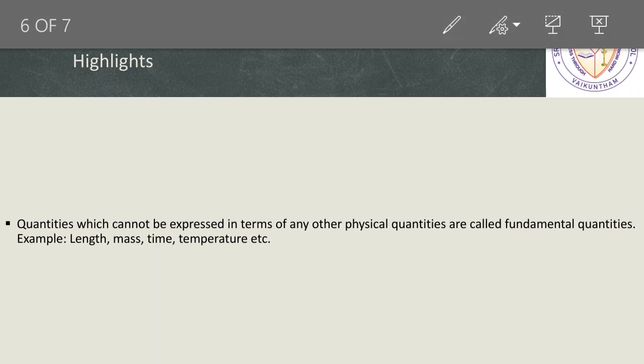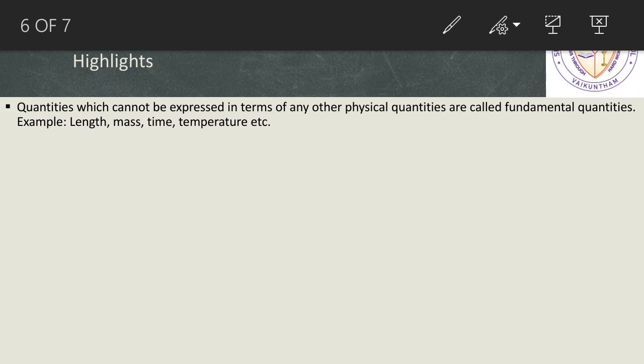Now we are going to revise what we have studied in the first lesson. The first thing we studied is about physical quantities. The quantities which cannot be expressed in terms of any other physical quantity are called fundamental quantities. For example, length, mass, time, temperature, etc. And we know that there are 7 basic fundamental quantities.